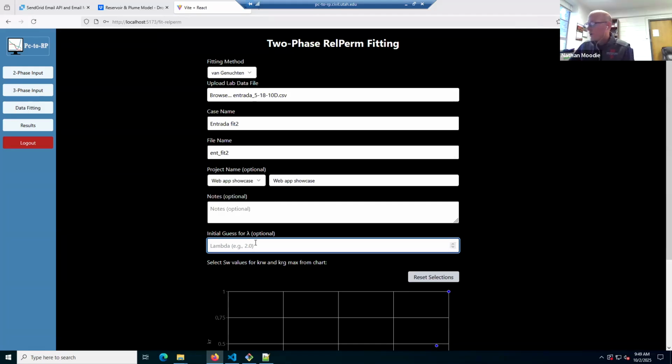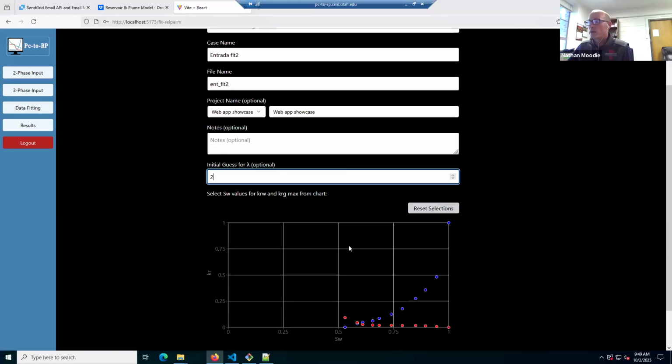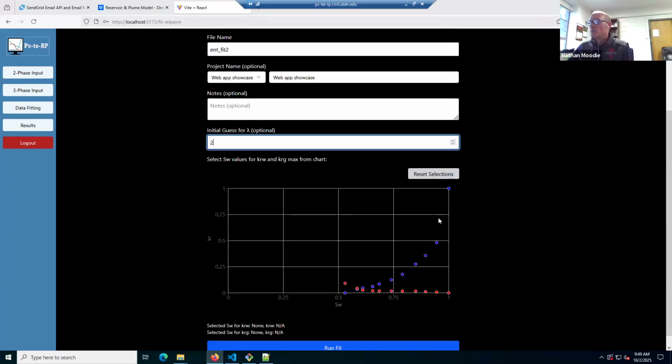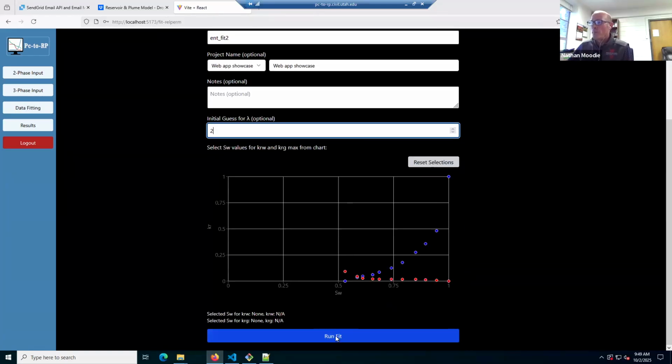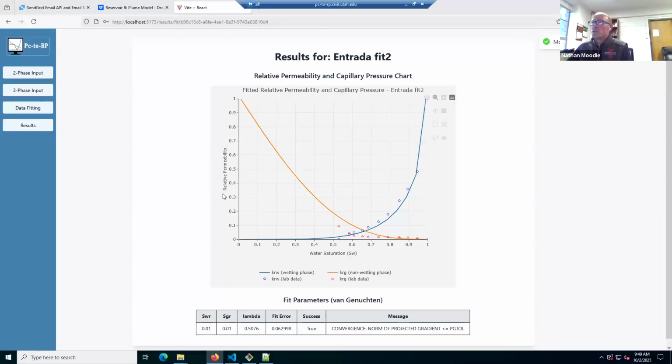Here we'll add in a starting lambda for the Van Genuchten, and I won't choose any of the points. We'll let it fit to the whole thing. And so here's what Van Genuchten looks like to get the best fit possible. This has a much better fit error than the Corey's curve because you're able to adjust your lambda. Here's the lambda that you would want to use in your TOUGH2 simulator.